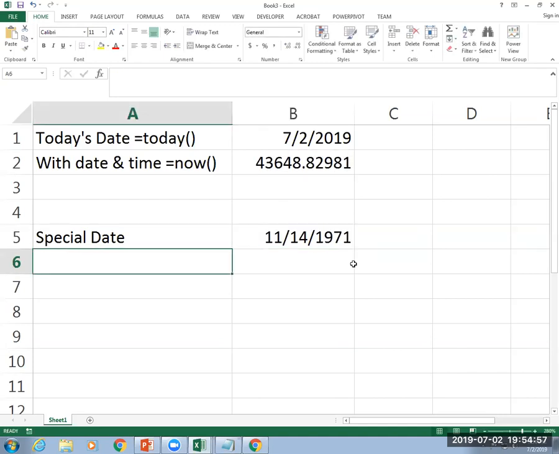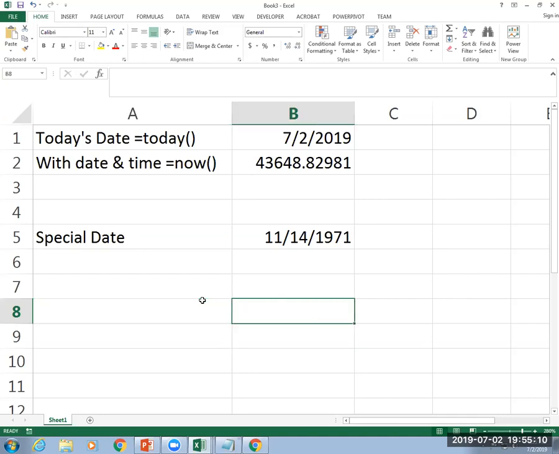Anyone guess why November 14th might be a particularly special date? It's my birthday. So let's see how many days old I am. So days old is going to be equals B5 minus today's date.